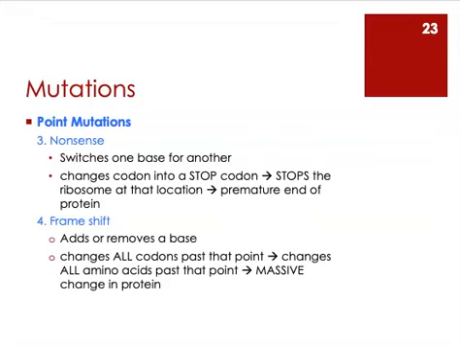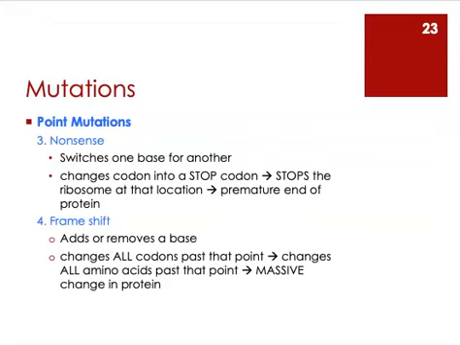The last kind of point mutation we need to be familiar with is called a frame shift mutation. In a frame shift mutation, instead of substituting one base for another, an extra base gets added in or a base gets removed.